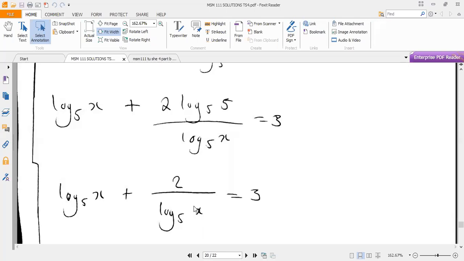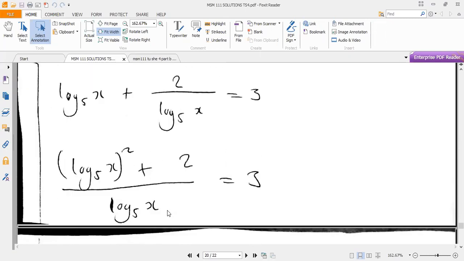Now, if you remember in our first class, I showed you how to get rid. When you see these things, there's a denominator here, which we don't like. We don't like to deal with this kind of denominator. What do we do? We multiply throughout by the same denominator, which is down here, so that it goes away. We don't want it there. So when you multiply throughout by the same guy, we have this guy coming twice.